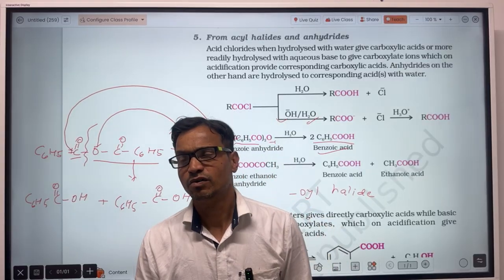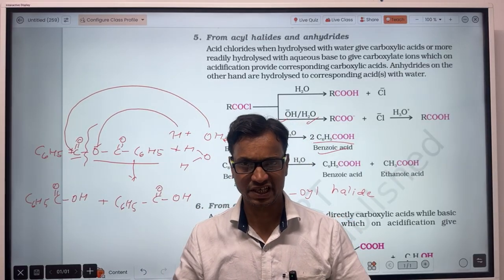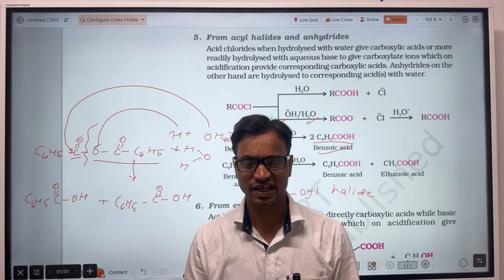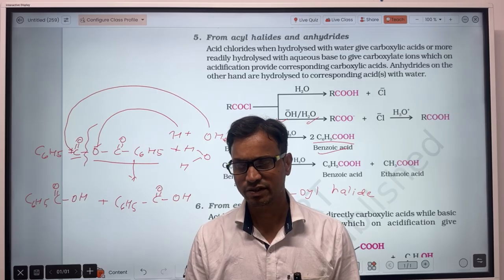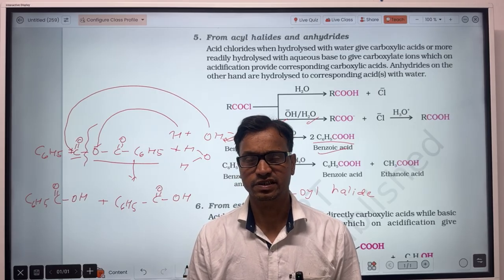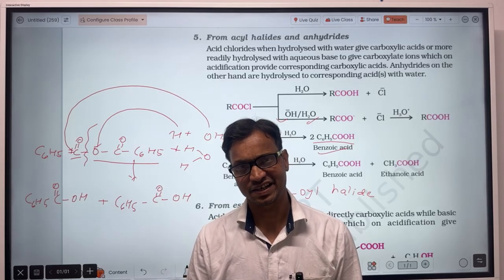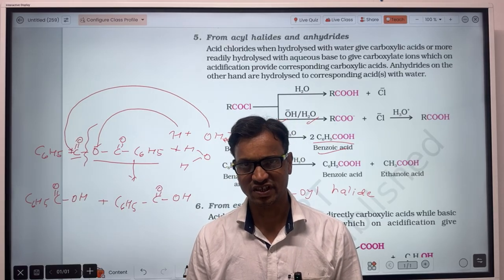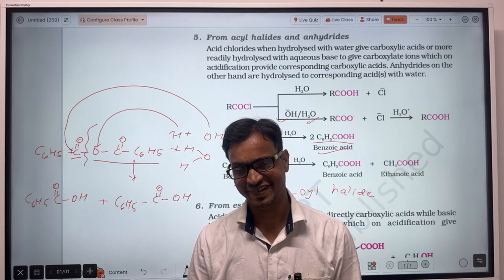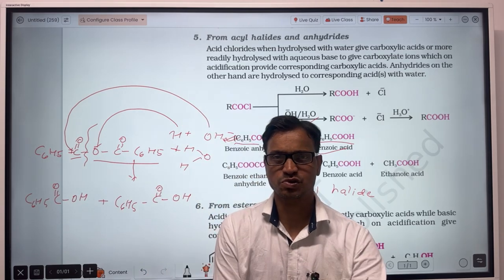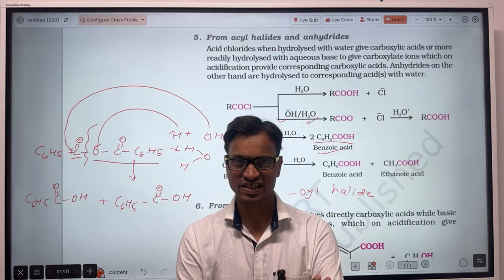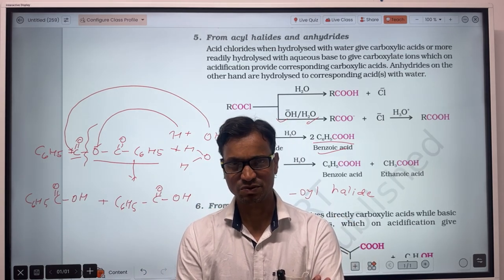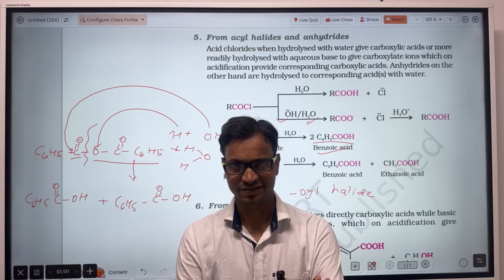When water is passed into the acid anhydride, there will be a formation of two molecules of carboxylic acid. And when the two molecules of carboxylic acid combine together, there will be release of water.